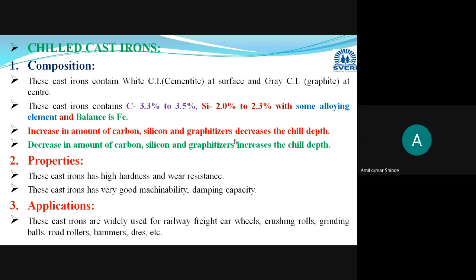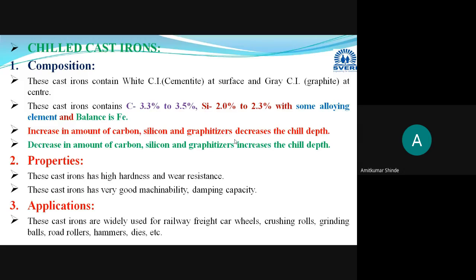That's why gray cast iron will be formed. Whenever the carbon amount, silicon amount, and other graphitizing elements amount is decreased, you will end up with a better chill depth, or better hardness on the surface. So this is related to the composition and phases present in this chilled cast iron.